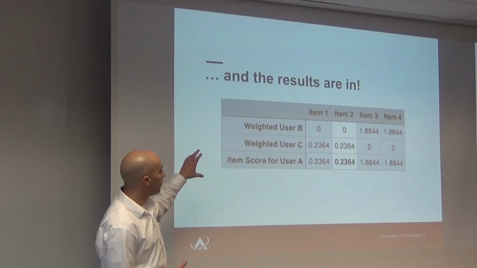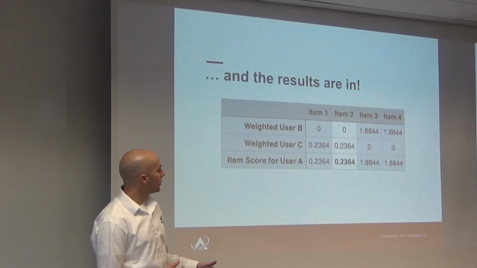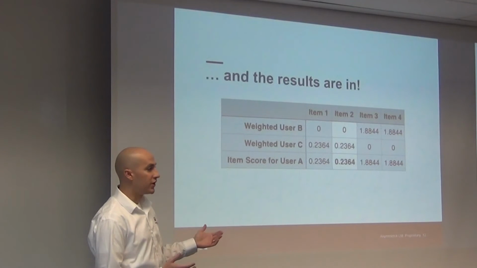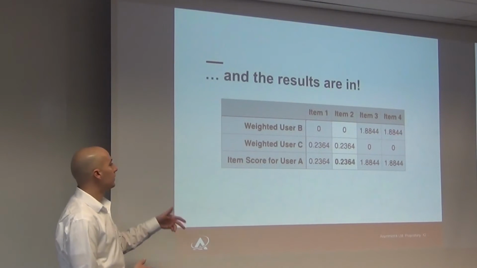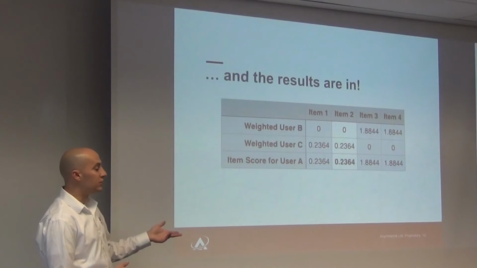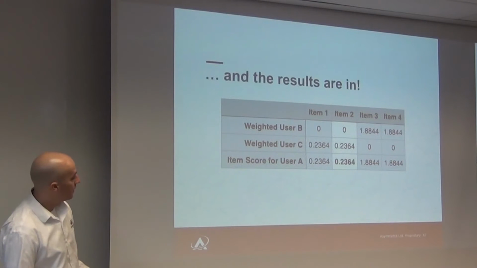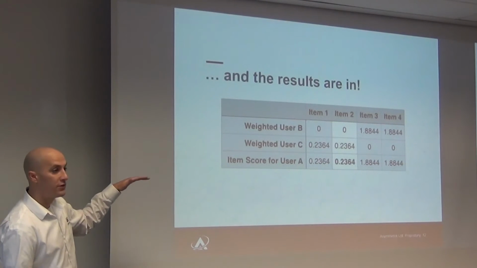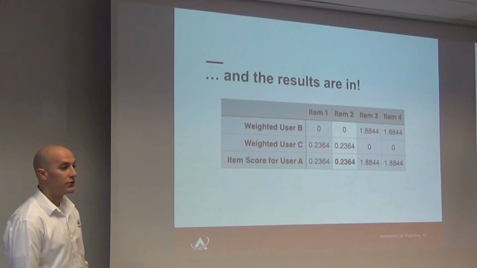So we're saying for user A, similarity to B was 94%, and because user B had looked at items 3 and 4 twice, they get an accumulation there, and then we basically just sum down the columns. So what that means is, now we have recommendations for user A on all these different items.